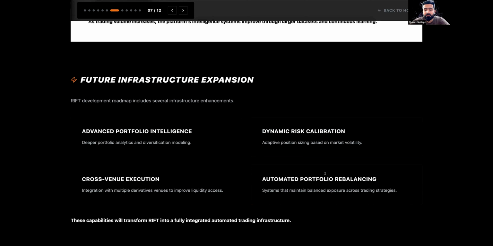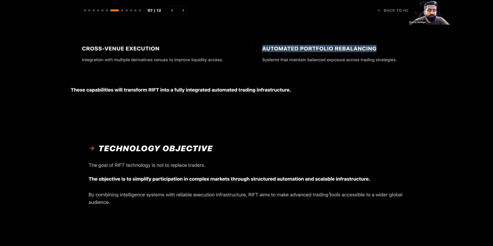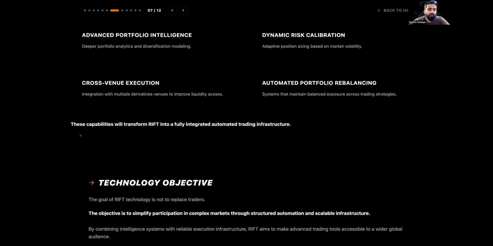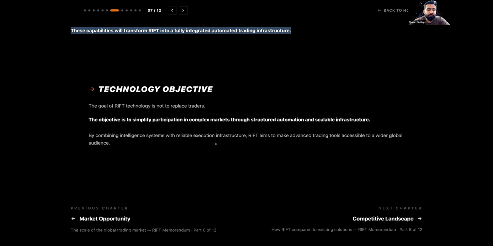Then automated portfolio rebalancing. Automated portfolio rebalancing is still there at a certain level, and you will observe it once you use the product. So the capabilities of Rift will transform into a fully automated trading infrastructure.